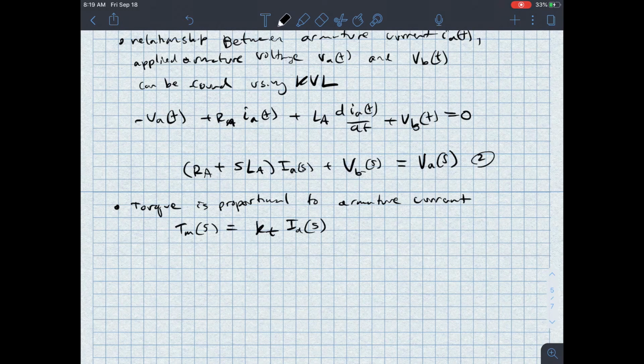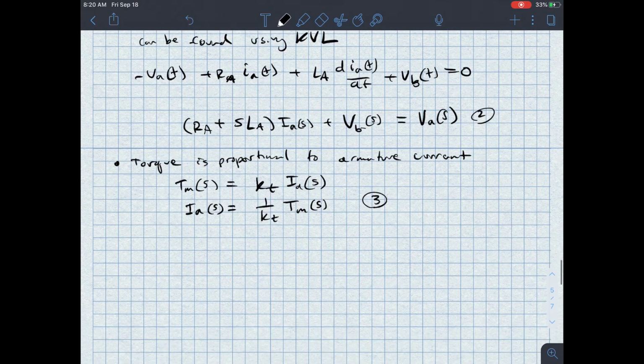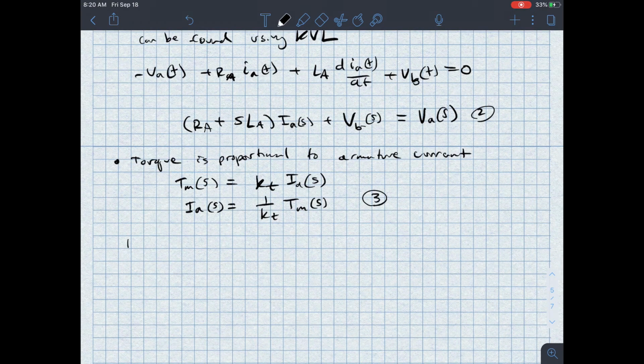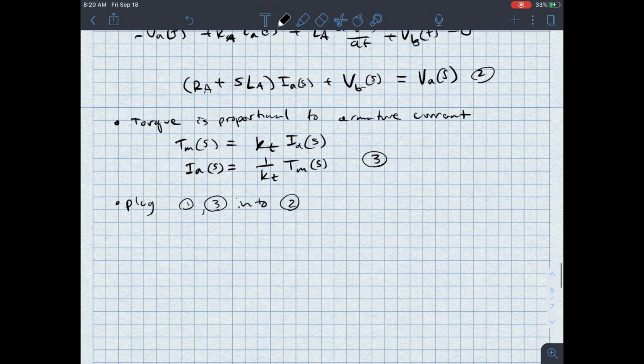They're proportional, which means that Ia is equal to 1 over Kt times Tm(s). Let's call that equation 3. And then I'm going to plug equations 1 and 3 into equation 2. We'll get ourselves a little bit closer to where we want to be.